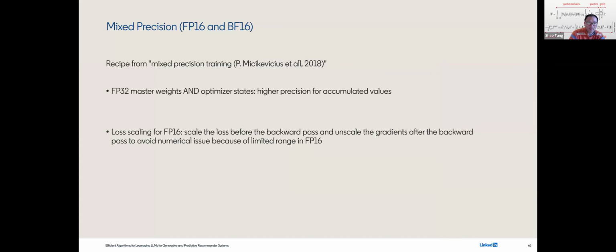That's why it's proposed that we can use mixed precision: whenever high precision is needed, we still use FP32, but in some of the intermediate steps, we can use a lower precision. So the recipe is that we use FP32 master weights and optimizer states. So higher precision always for accumulated values, but lower precision for intermediate results. And then we need loss scaling for FP16.